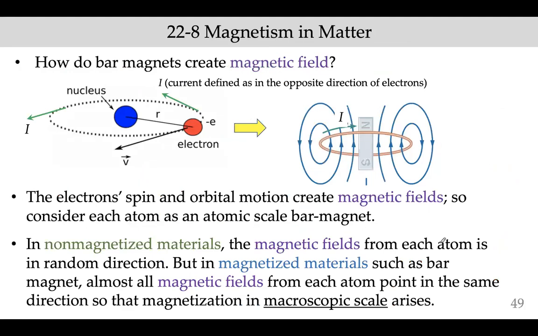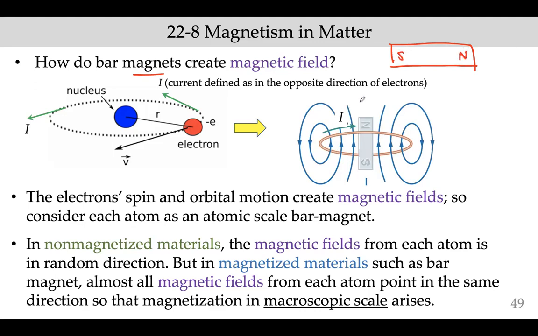Now, in this last section, we will talk about magnetism in matter. So now let's move from magnets back to the materials. Some materials, the magnets, are magnetic, they produce a magnetic field. But some don't.